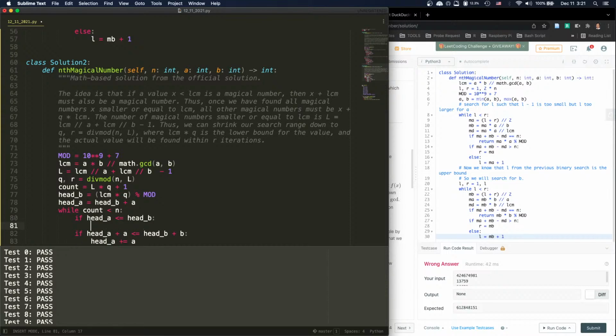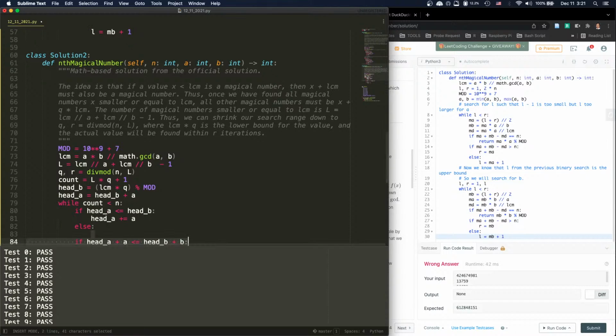right? Then head A do this, else head B plus equal. Every time we do this, count plus equal 1.